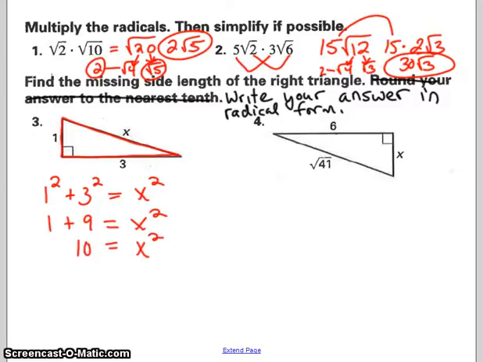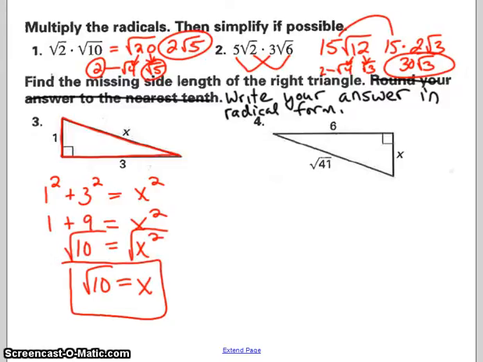X squared equals 10. We square root both sides to get x by itself, and we get x equals the square root of 10. Is there a perfect square that goes into the square root of 10? There is not, so we leave it as it is.